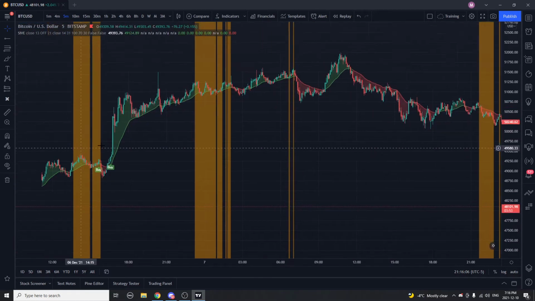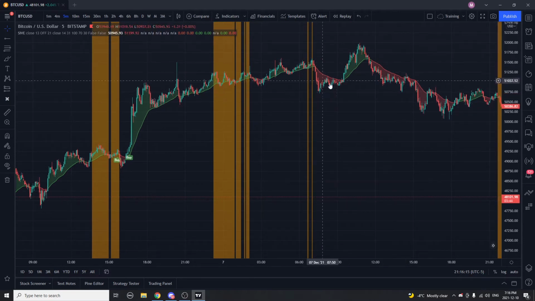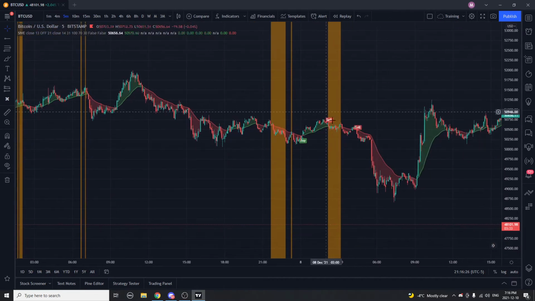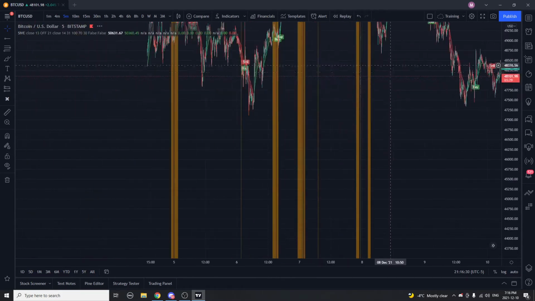Now, each time you see this, it might just be a small area like this, and it can still be followed by whipsaw action, or it can be followed by major directional moves. It can lead into sideways ranges or whipsaw directional moves.